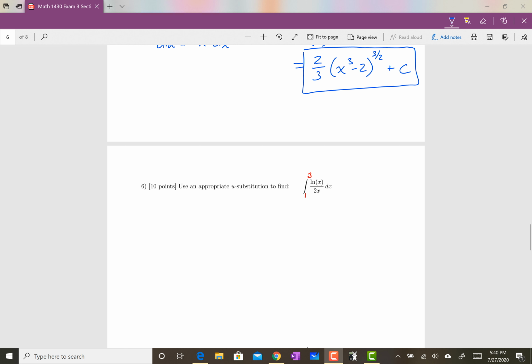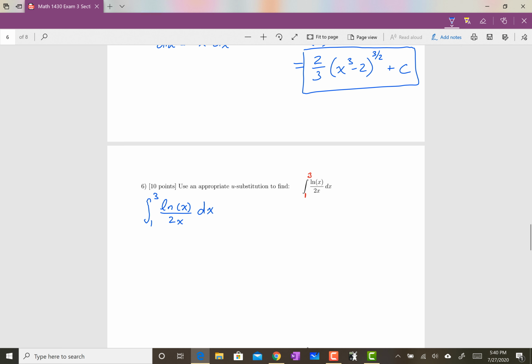So first thing we need to do is find an appropriate u substitution. Even though I don't really need to rewrite this in any way, I personally always write it down because I like things to be in a certain format. Okay, now, unfortunately we don't really have any terms inside anything.